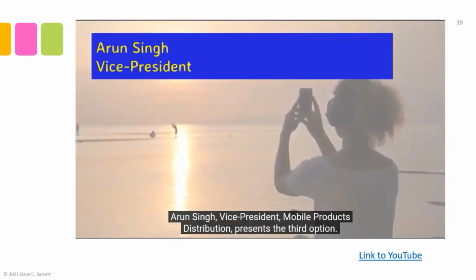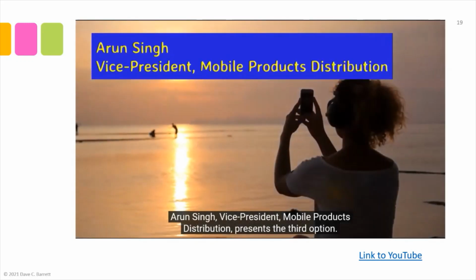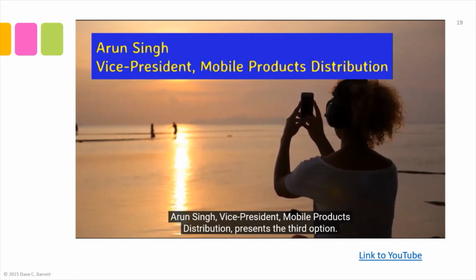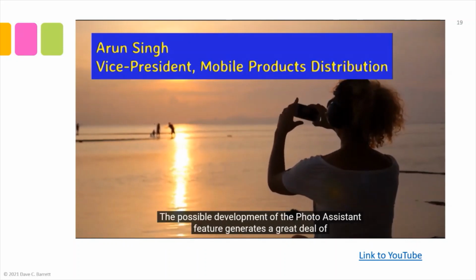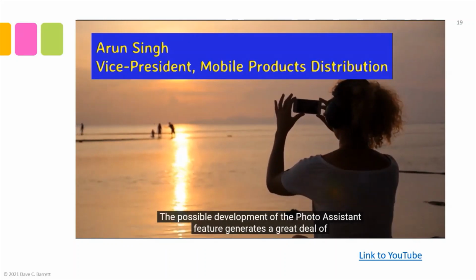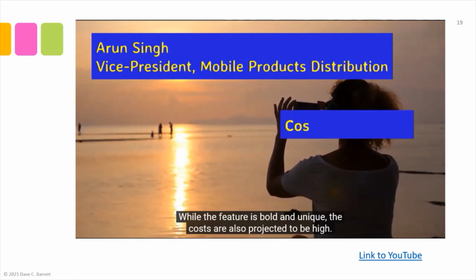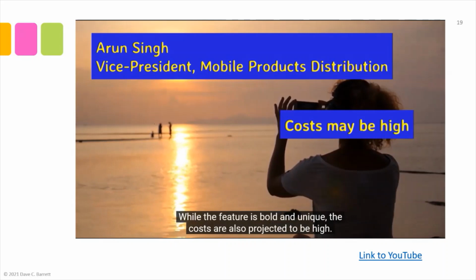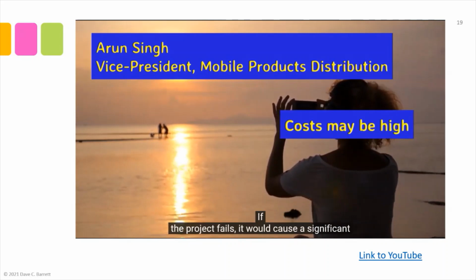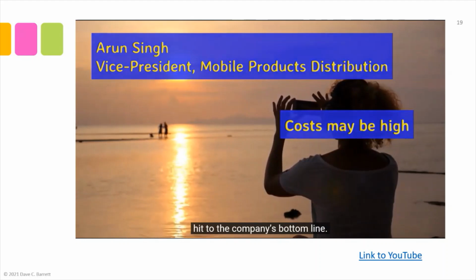Arun Singh, Vice President, Mobile Products Distribution, presents the third option. The possible development of the Photo Assistant feature generates a great deal of discussion. While the feature is bold and unique, the costs are also projected to be high. If the project fails, it would cause a significant hit to the company's bottom line.